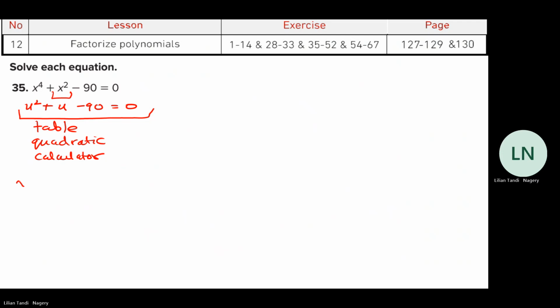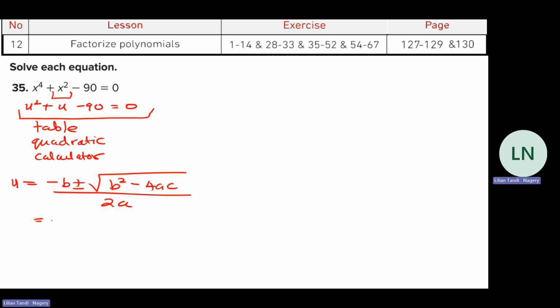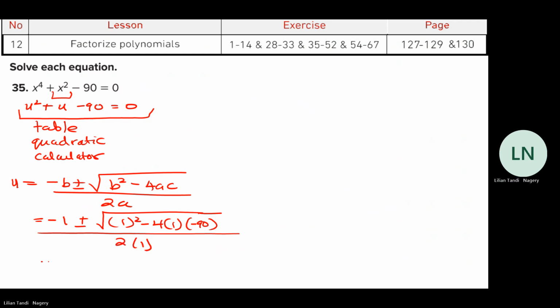So I wrote, actually I should write u, not x. u equals negative b plus or minus the square root of b squared minus 4ac, over 2a. So negative 1 plus or minus the square root of 1 squared minus 4 times 1 times negative 90, over 2 times 1. That gives me negative 1 plus or minus the square root of 1 plus 360 over 2.